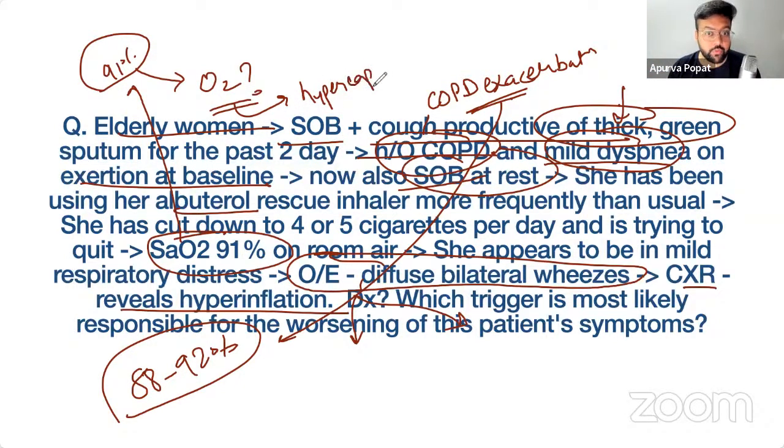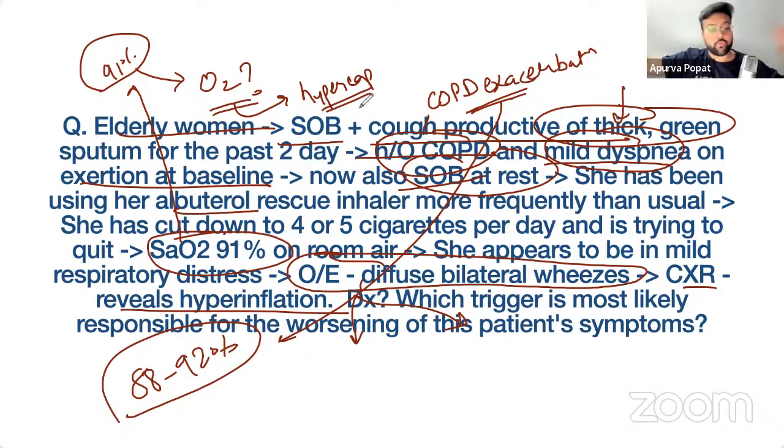If you give a lot of oxygen to the patient having COPD, they will decrease their respiratory drive. And see, the pulmonary system has hypoxic pulmonary vasoconstriction. If you give oxygen, everything will be messed up. The area which should have less perfusion will get more perfusion.